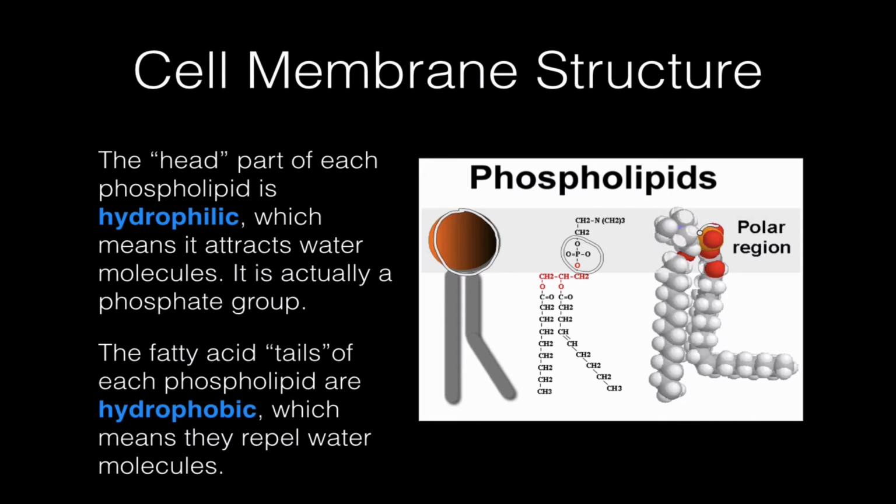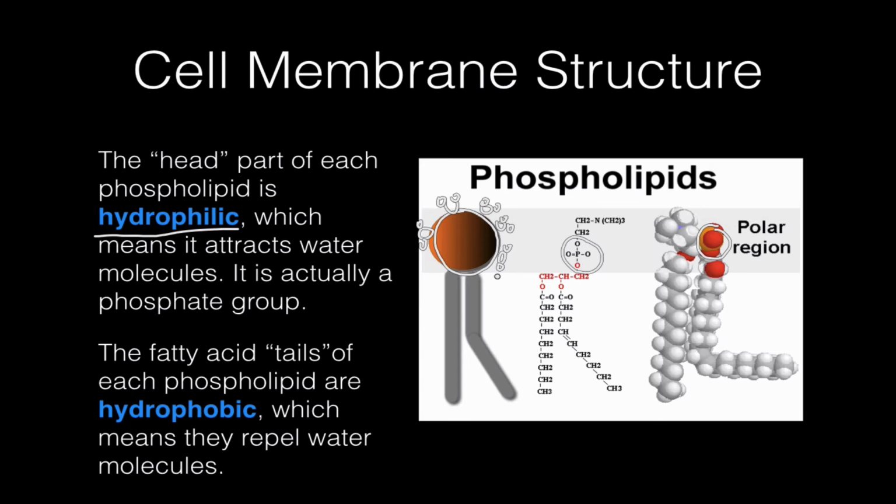What's cool about this phosphate head is that it's hydrophilic, which means it attracts water molecules. Little water molecules form hydrogen bonds and stick to it. So the phosphate head will dissolve in water. It likes to touch water molecules.